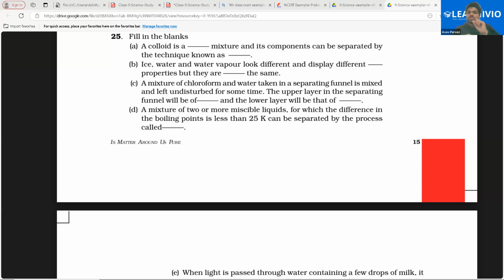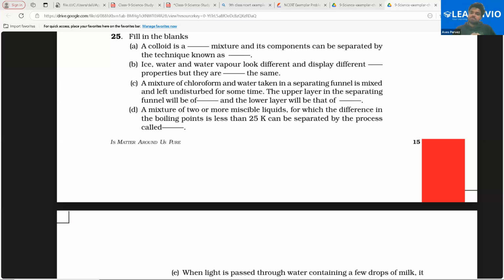You add some sugar to it and take a sip again, you will feel that it is sour as well as sweet. Then you add some salt to it. All the three tastes will come to you: salty, sweet, and sour. So here the constituents are showing their properties. They are just mixed up, and the constituents are showing their properties after the change. But in a compound, they don't show their properties.